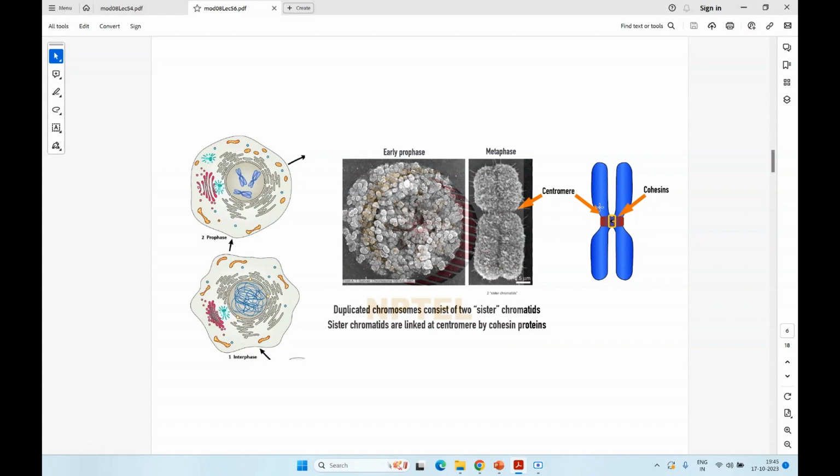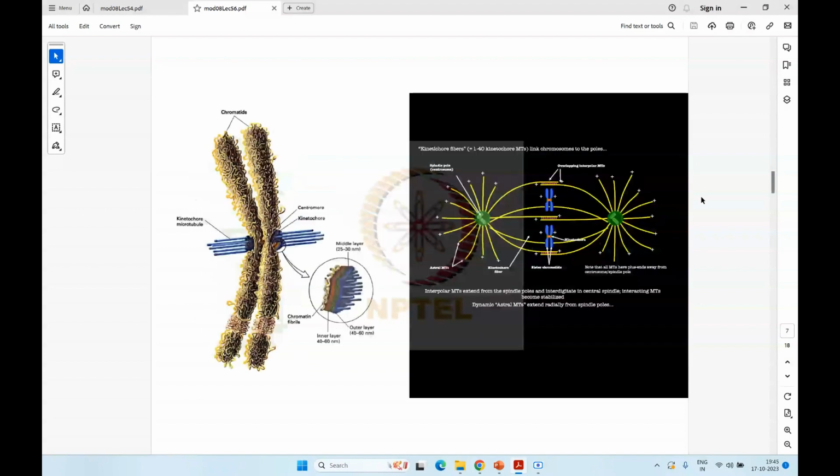So there are four different kinds, if I'm not wrong: acrocentric, telocentric, metacentric or something. There are four different kinds depending upon where this is placed. Anyways, extra information you might not need.